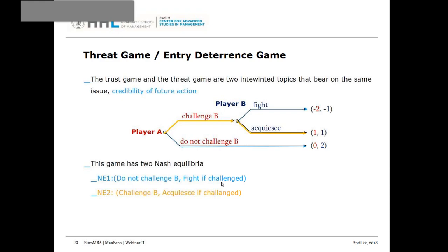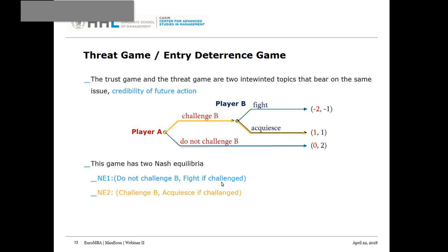The difficult thing in the second equilibrium is it includes an incredible threat. So when B is asked to move, like when challenged, it doesn't pay off to really fight. It could acquiesce. But I would like to provide a broader perspective. It's not modeled here in this particular game, but you can think about fighting.